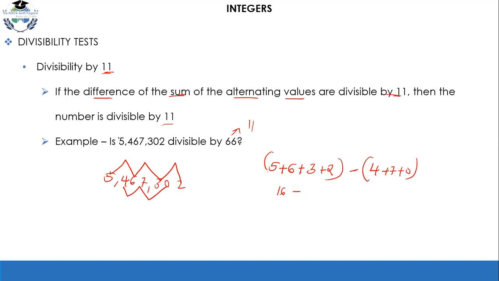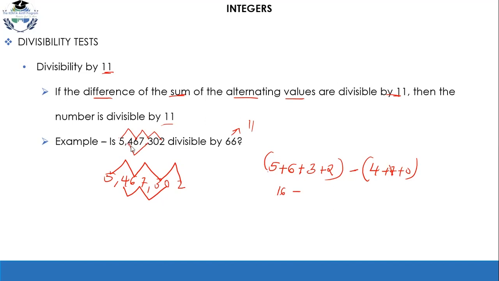If I'm doing this correct, 5, 6, 3, 2, 6, 7, 8, 9, 10, 11, 12, 13, 14, 15, 16, and then we have 4. Yeah, I made a mistake here. Very careful.